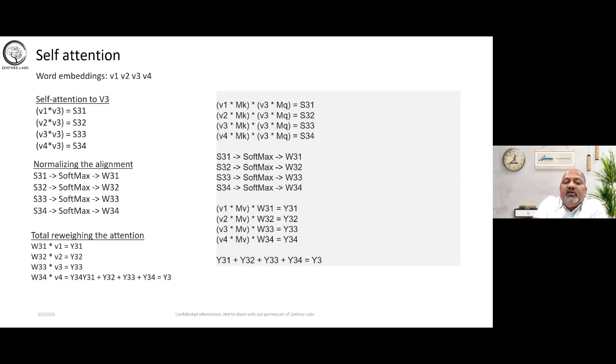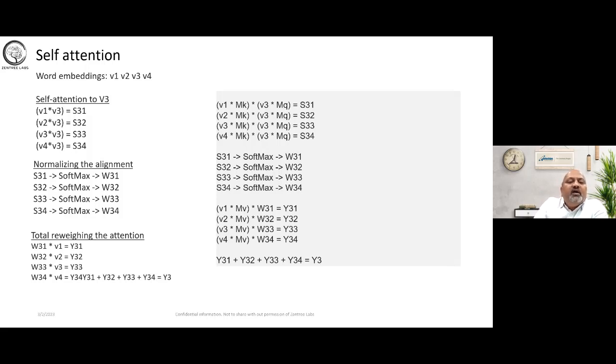Conceptually, this first part is straightforward to understand, and it induces these learnable parameters into the system. Now V1 is multiplied with MK, whereas earlier in the explanation it was multiplied with V3 straight away. MK is a matrix. Let us say that V1 is a vector of dimensions 1 cross 50.